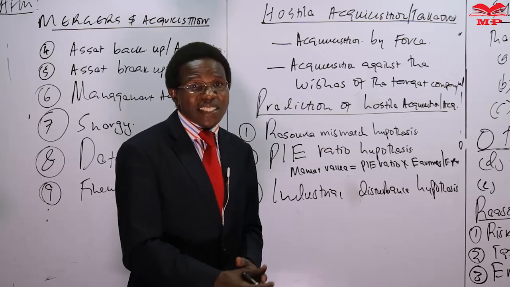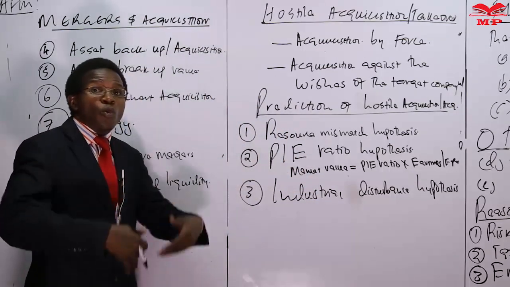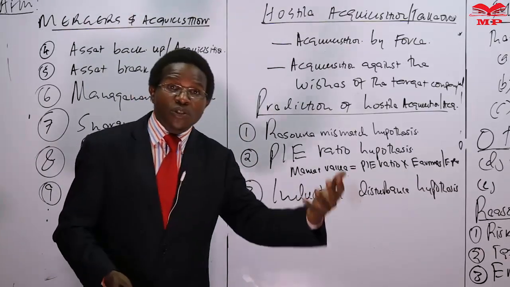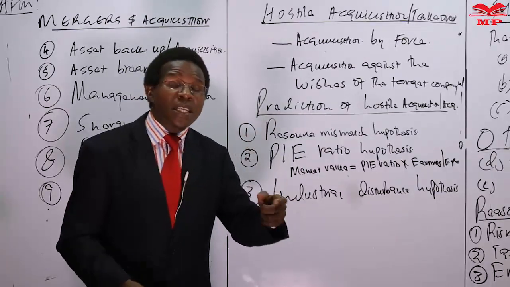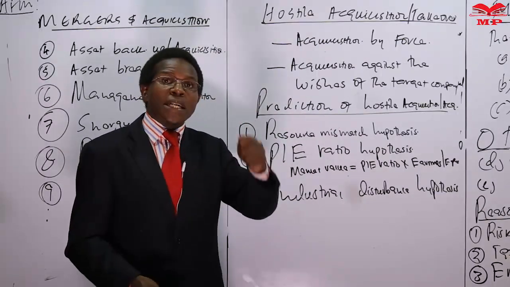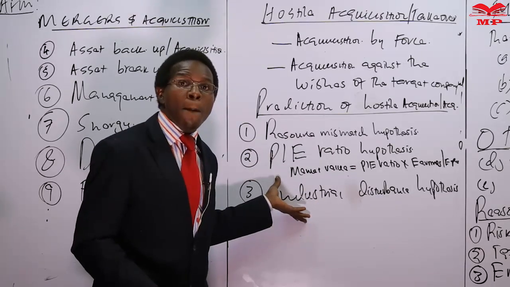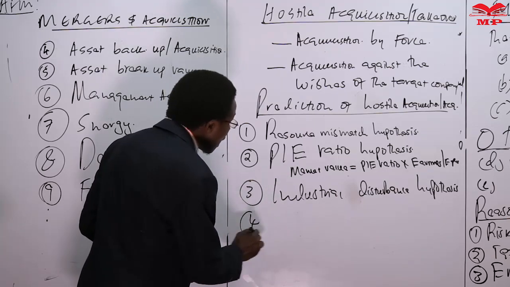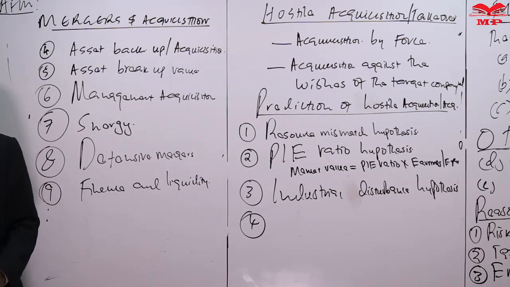So that's an easy target. When you realize that one company has frequent industrial disturbances, employees on strike, external or political interference, that is a signal or an indicator that the company can easily be taken over by another, known as the predator. So that is one of the predictions of a takeover.